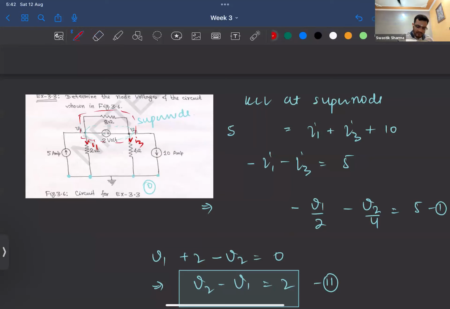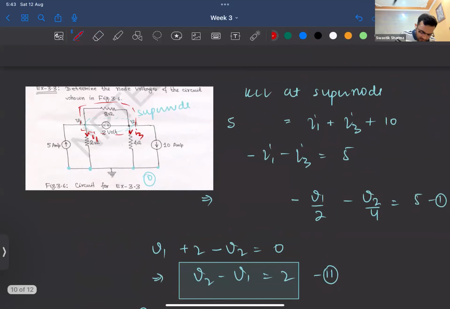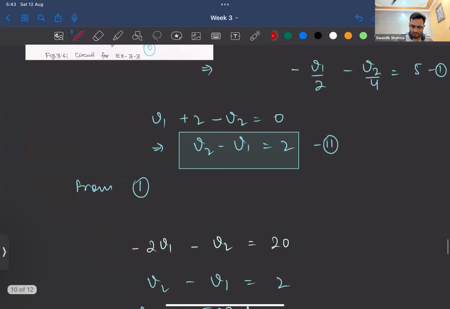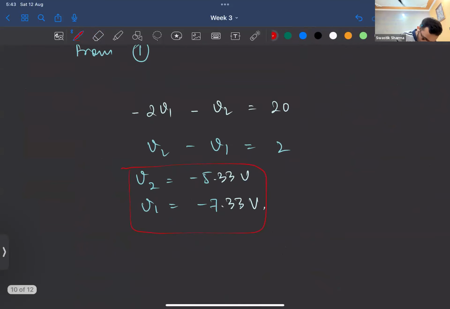The current entering it is only the 5 ampere current, and leaving are I1, I3, and 10 ampere. You use that to create an equation, and then apply KVL as well, which gives V2 minus V1 equals 2. Solve those two equations, and you will get the answers.